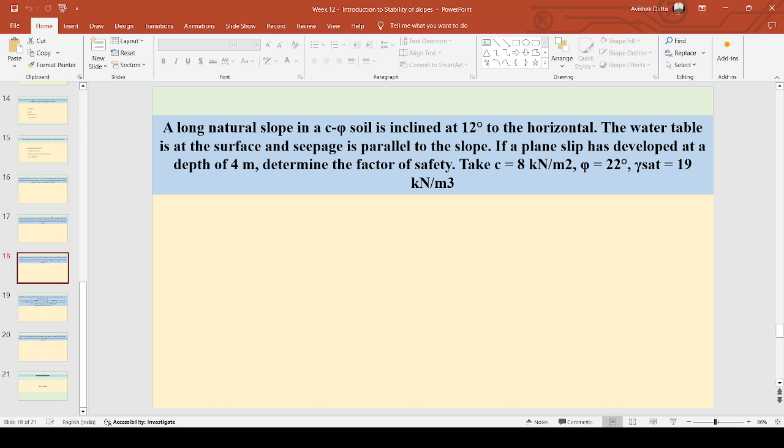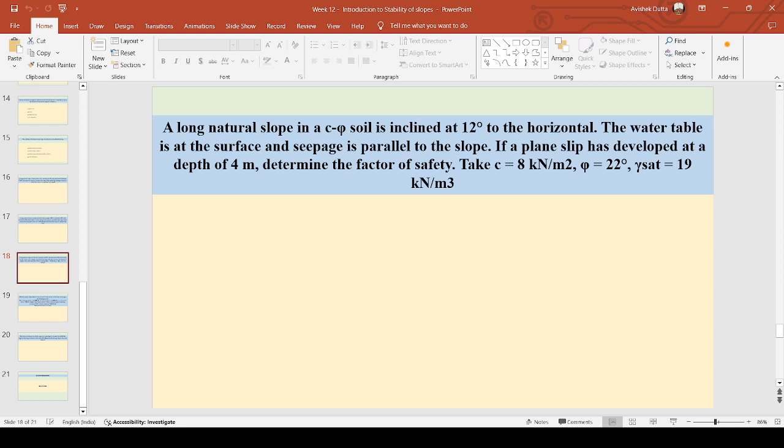I'll repeat the question once. A long natural slope in a c-phi soil is inclined at 12 degree to the horizontal. That is, the angle of the slope is 12 degree. The soil is a c-phi soil. The water table is at the surface and seepage is parallel to the slope. Like the previous sum, here also seepage is occurring and the direction is parallel to the slope.